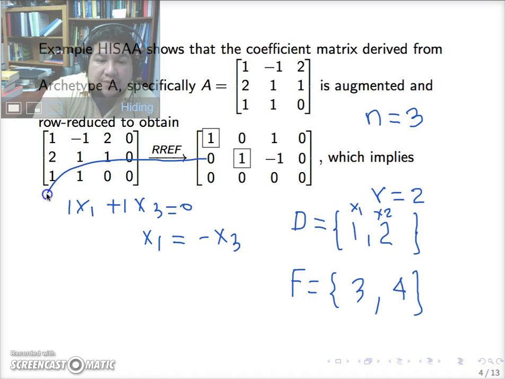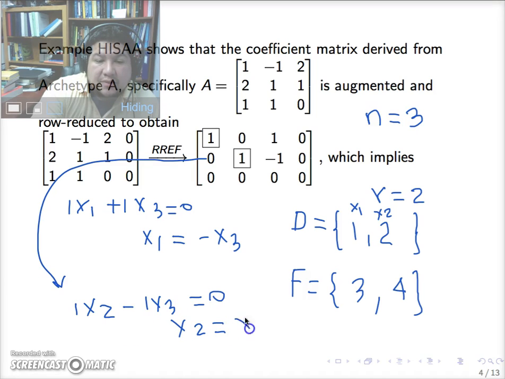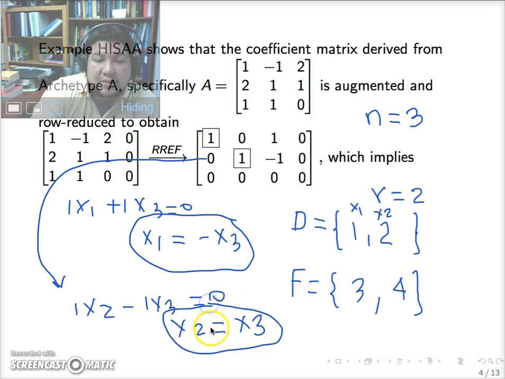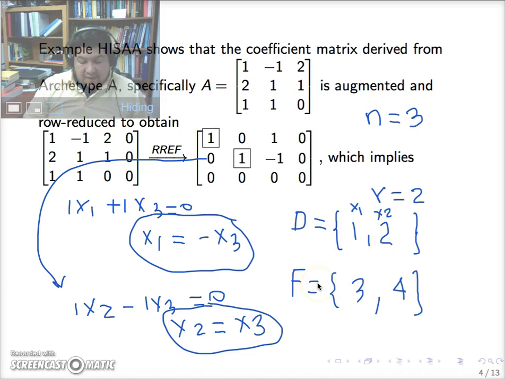And from the second row, we would write 1x2 minus 1x3 equals 0, from where x2 equals x3. So we have an expression for x1, one of the dependent variables, in terms of the free variable x3, and another expression for x2, the other dependent variable, in terms of the free variable x3.